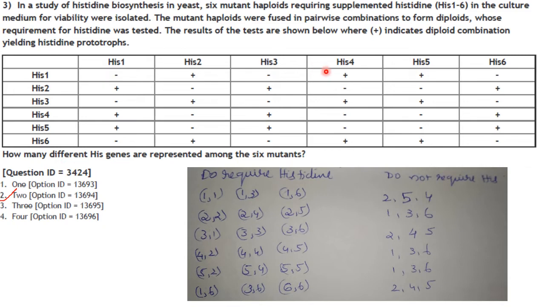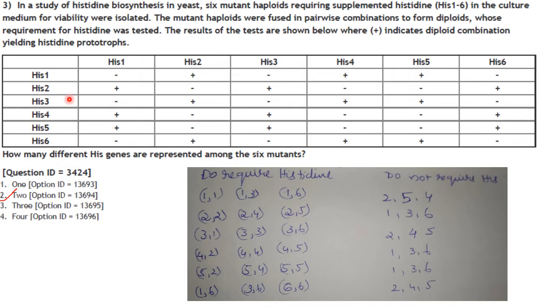That is, 2, 4 and 5 will help histidine 1 to grow in the medium. So even if histidine is not added to the medium, the cells will grow if the 2, 4, 5 genes are present. Similarly for 3 and 6, that is histidine 3 and histidine 6, 2, 4, 5 will be enough.